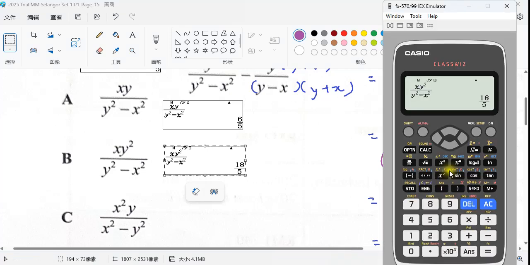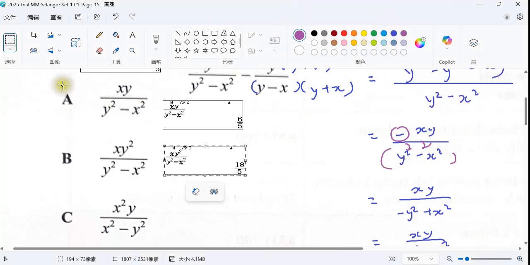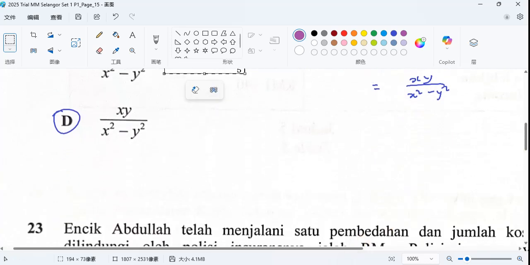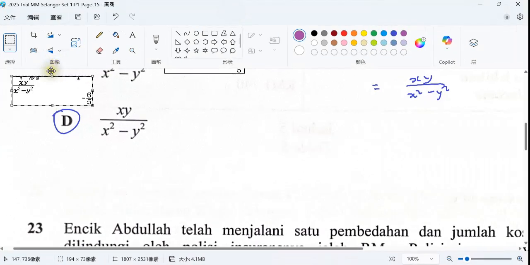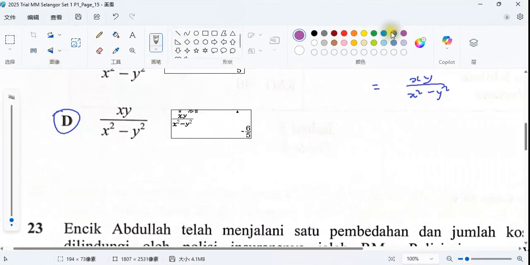Then we have x squared y over x squared minus y squared, and this one also is not true. And then for D here, we have xy over x squared minus y squared. Then it's negative 6 over 5. Same as that one.